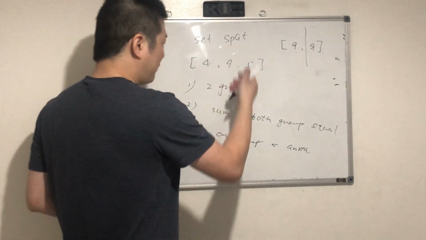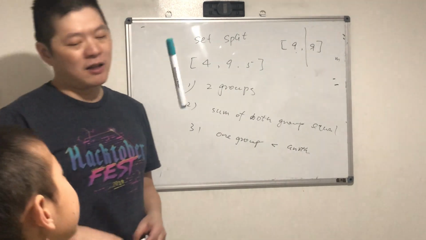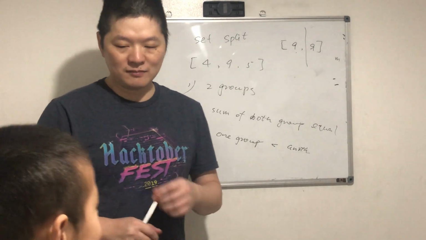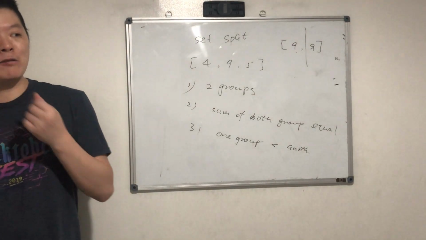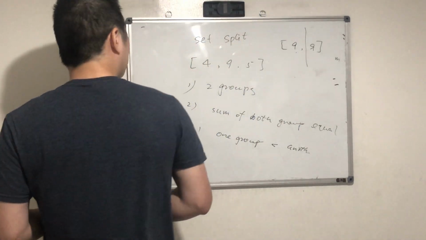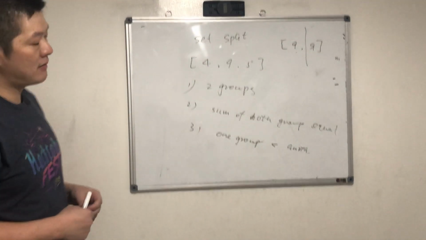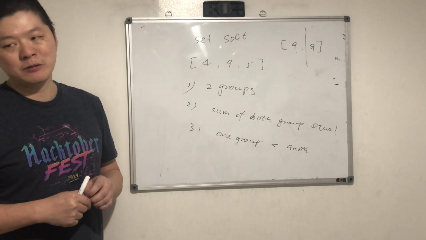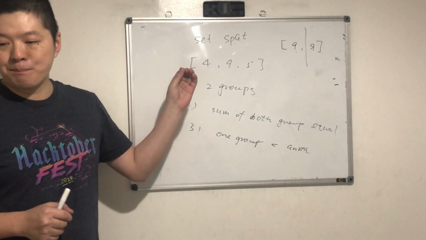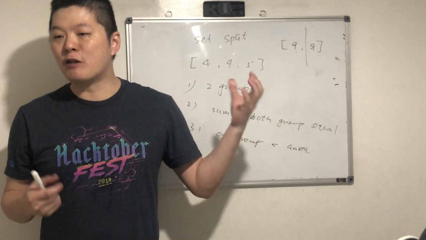Okay, so how can we do this? Can we find a way? Brute forcing. Yes, how can we brute force? The brute force will be picking the numbers of one group.